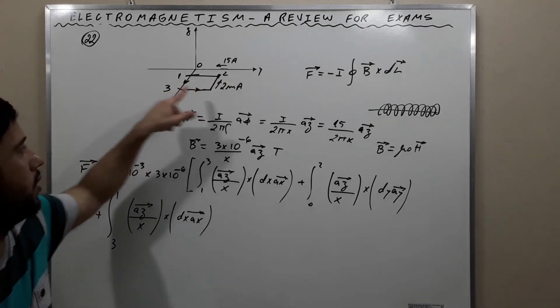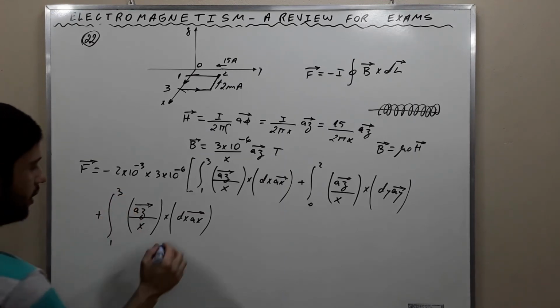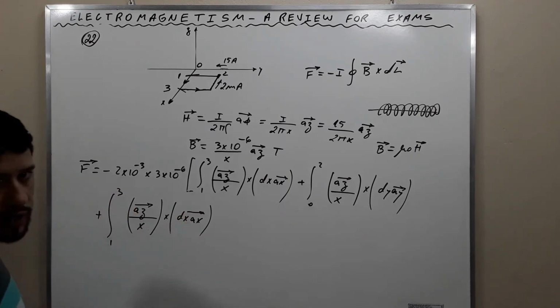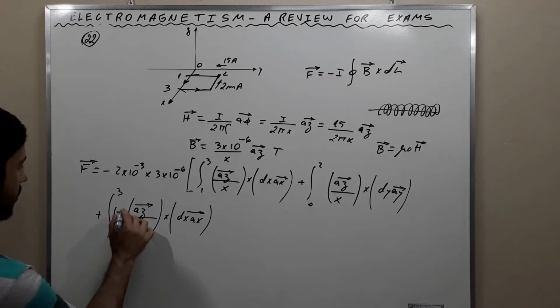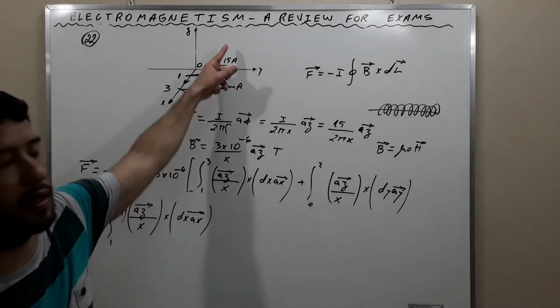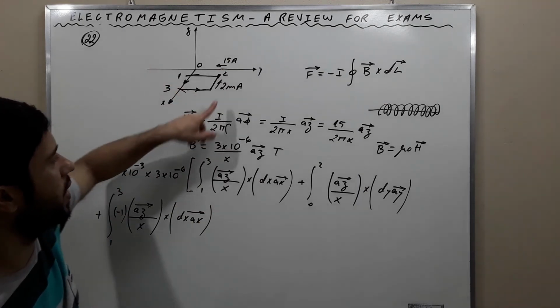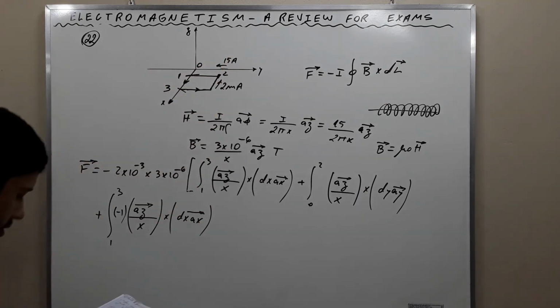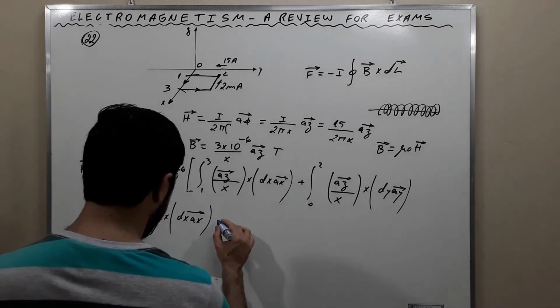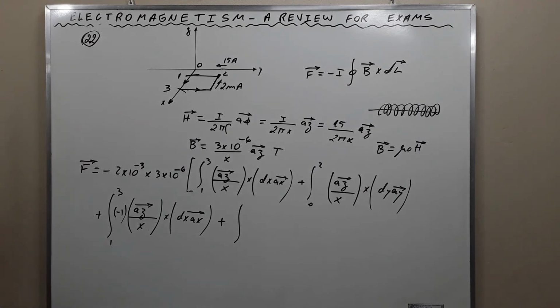I could have integrated from 1 to 3, but here I would need to account for the negative sign, and I would need to put a negative 1 here to symbolize that we are integrating in the negative x direction. This is the positive x direction and this is the negative x direction.